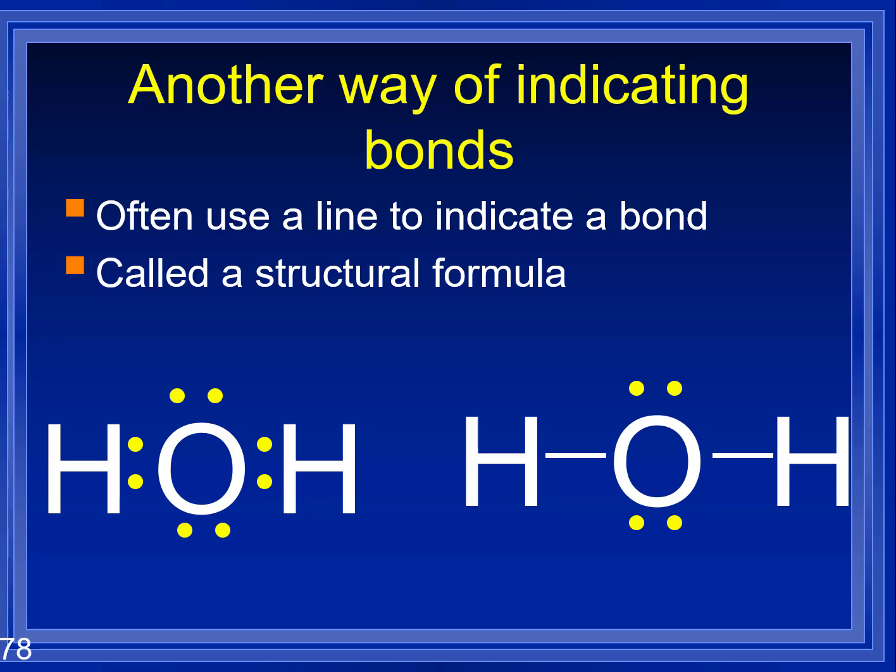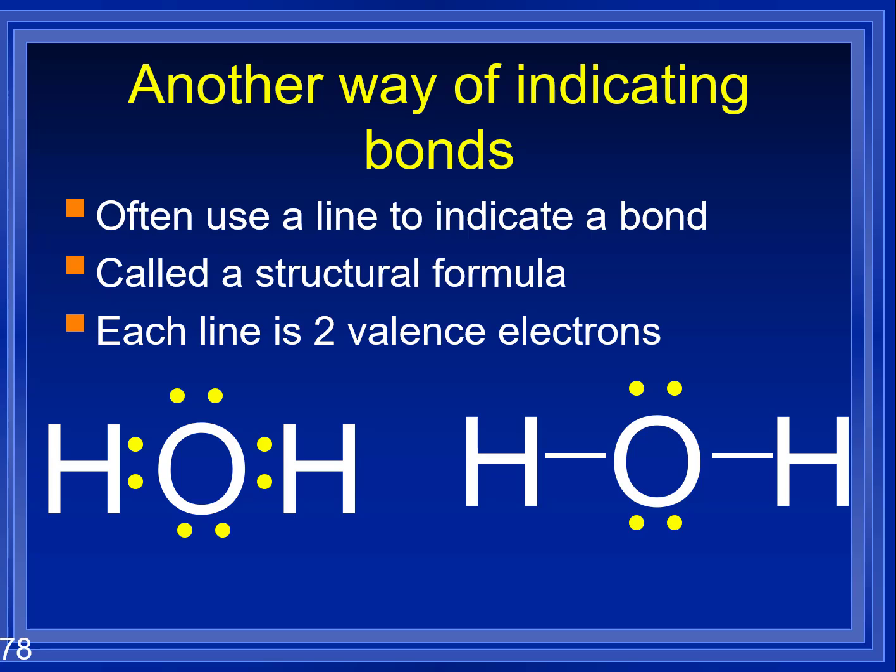It's still H2O, but now you know that the H's are both hooked to the O. H2O doesn't say that. Just remember that a line is 2 valence electrons. So I still got to be able to count 4 pairs of electrons. A line is a pair of electrons. So when I'm counting over here, I count the line as 1 pair, 2 pair, 3 pair, 4 pair.